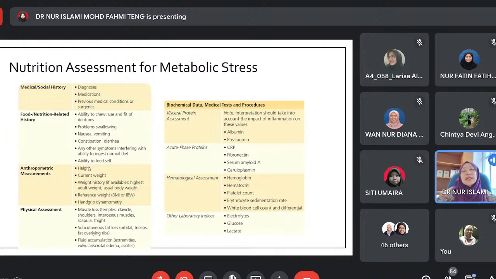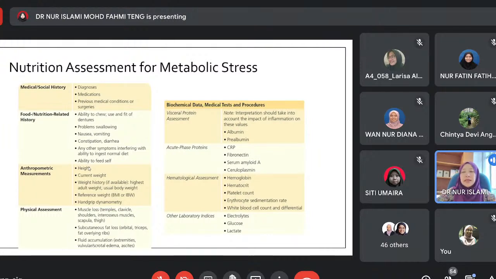We look at the patient, you all dah tahu dah, we look at the patient and know whether he looks normal body weight or obese, ataupun nampak malnourished sangat ke. So we can use the ideal body weight for the patient according to their height. However, if the patient looks really obese, we can use adjusted body weight for the patient as well. Okay.